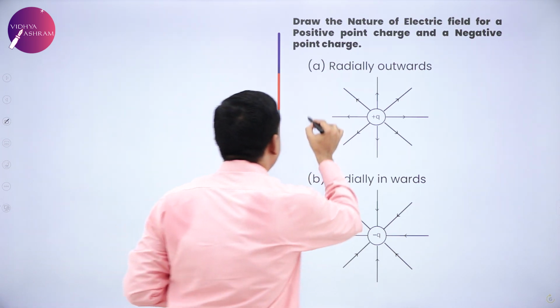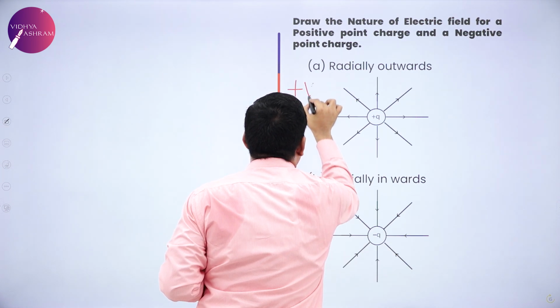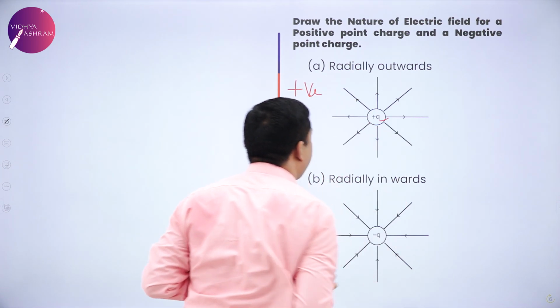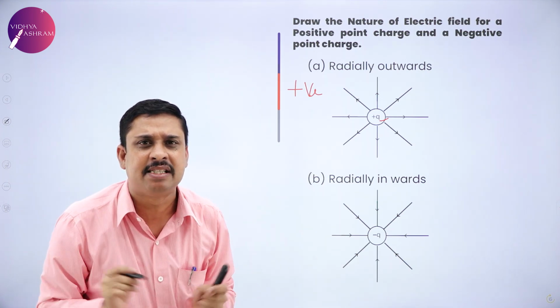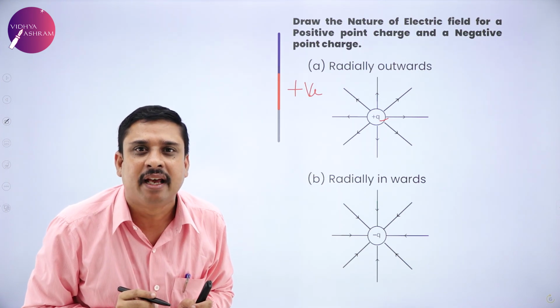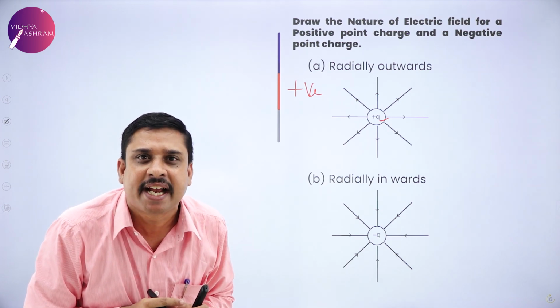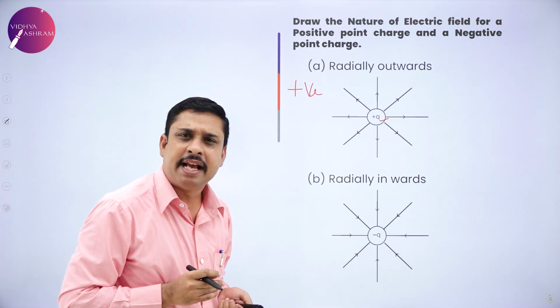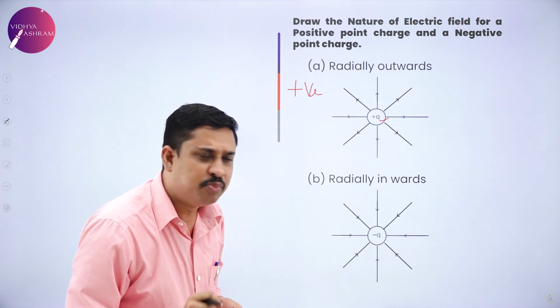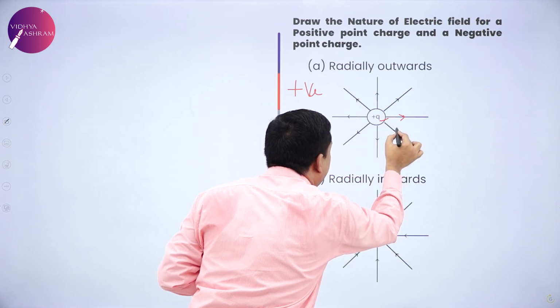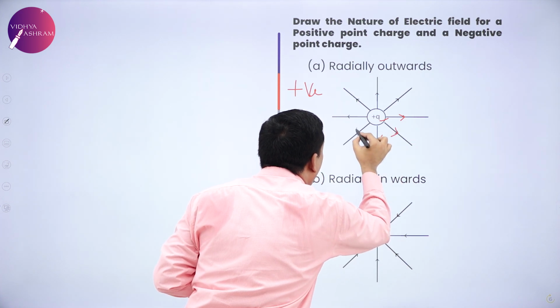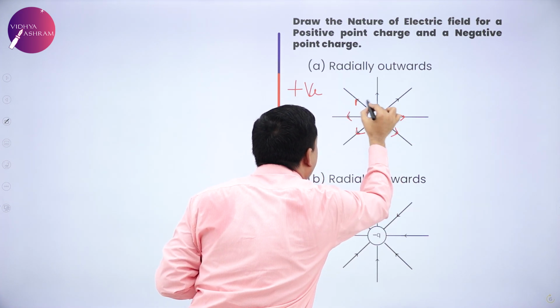So first, I consider positive point charge plus Q. You can see some lines which are depicting the nature of the electric field. What is the nature of the lines here? Observe, the arrows are showing outwards, going out from the charge.